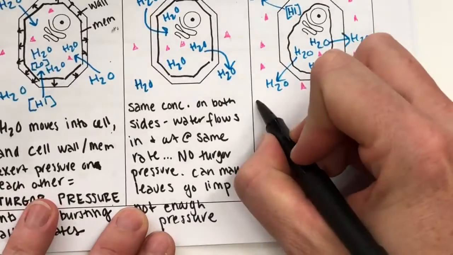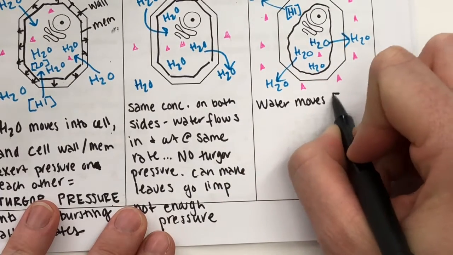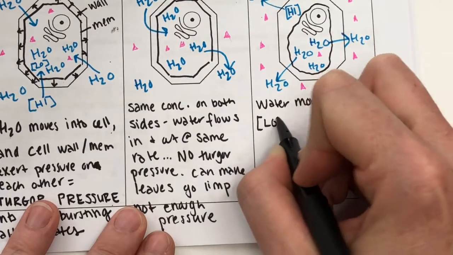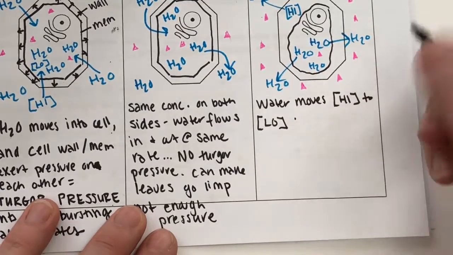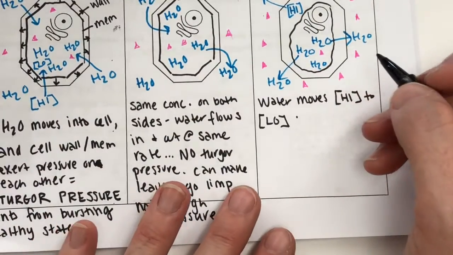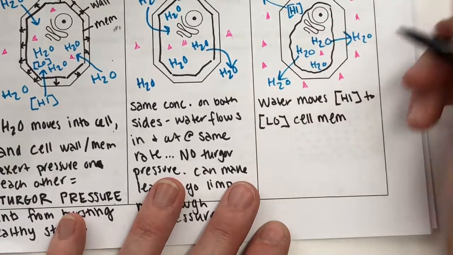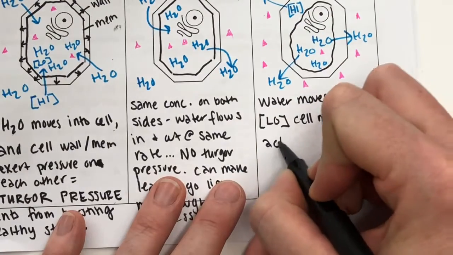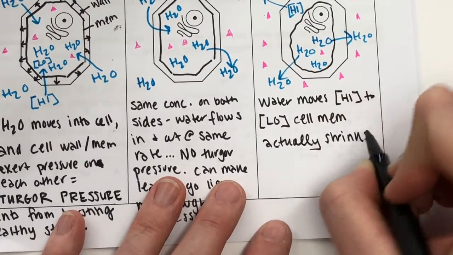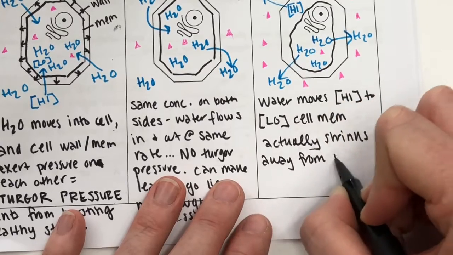Very sad. So water still moves from high to low, from inside the cell to outside, and the cell membrane actually shrinks away from the cell wall.